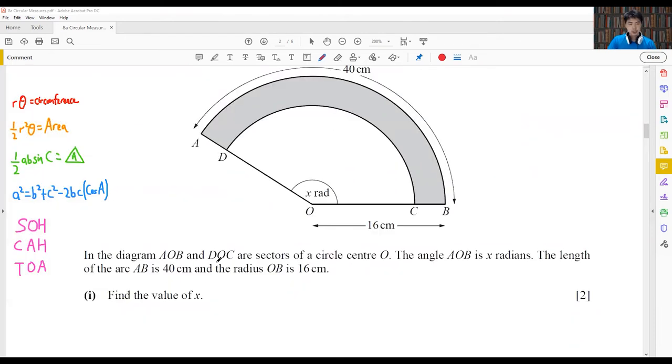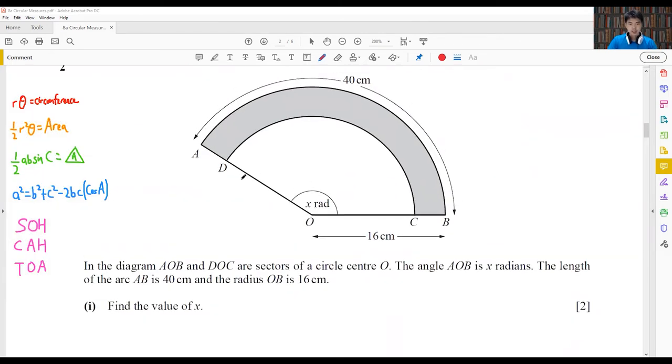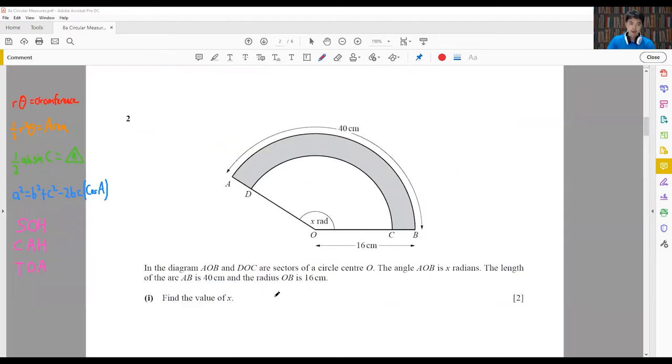For your next question, in the diagram, AOB and DOC are sectors of a circle with center O. The angle AOB is x radian. The length of the arc AB is 40 as stated here, and the radius of OB is 16. Find the value of x.